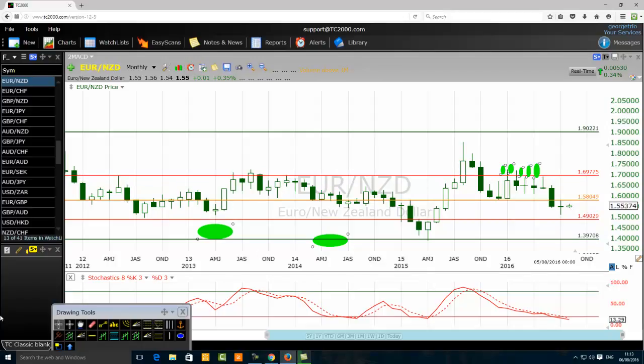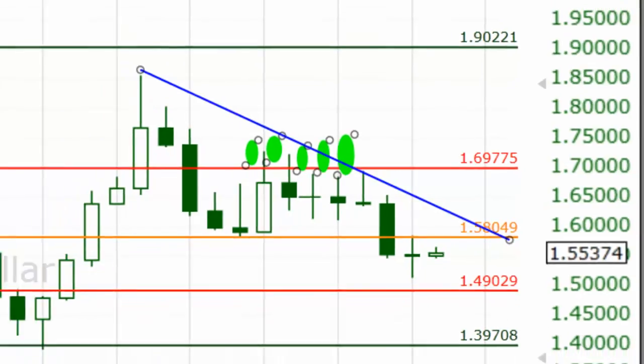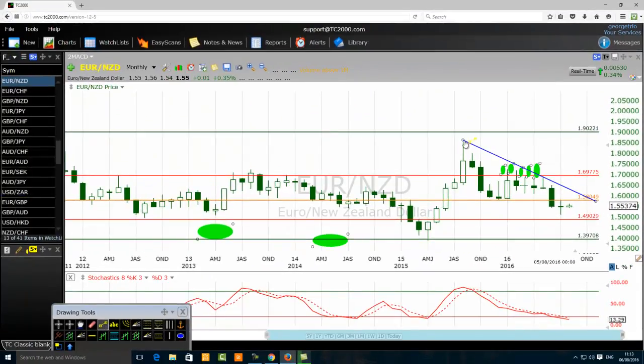Looking at the price structure now, there was this high here and a lower high. We are still below a declining trend line. If you are below a declining trend line, the strategy that we must deploy is to give priority to bearish signals.